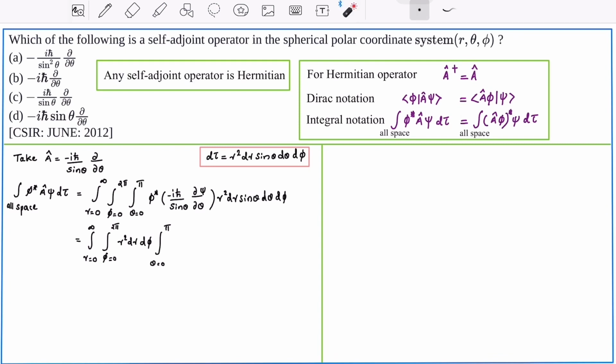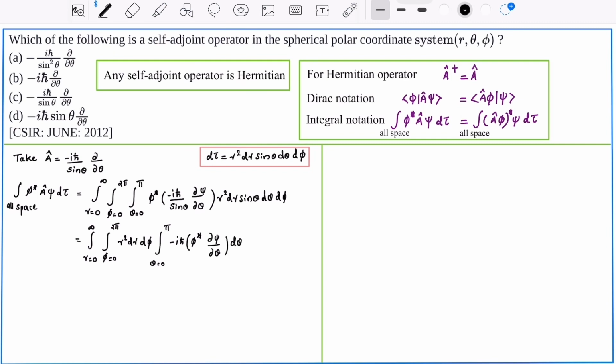Now, the sin theta in the numerator and the denominator will cancel, and the remaining term is minus i h bar, then phi star dou psi by dou theta d theta.